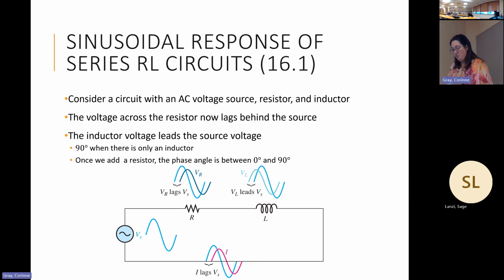And we will now also have that the current is going to lag the voltage source. So again, if we think about what an inductor is doing, because we have a constantly changing source, that means the inductor is constantly creating its own induced voltage and thus an induced current. And that is going to be counteracting that change that we have.